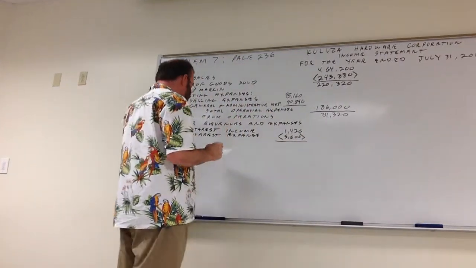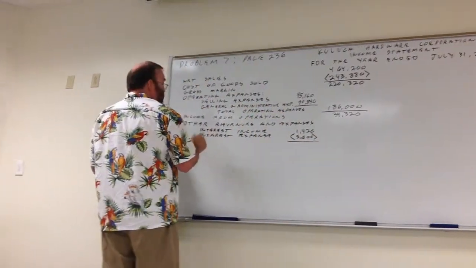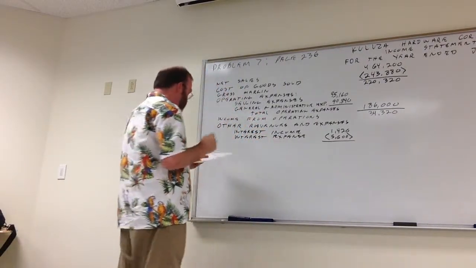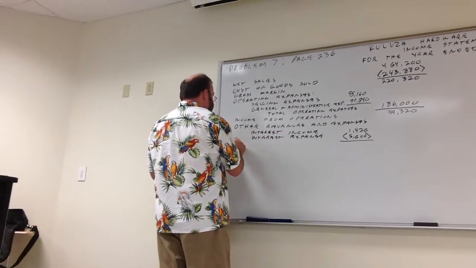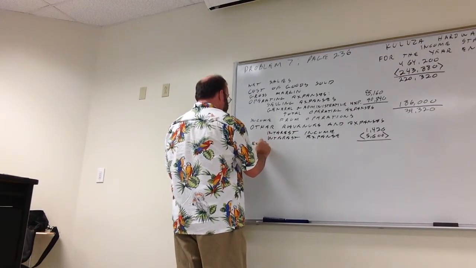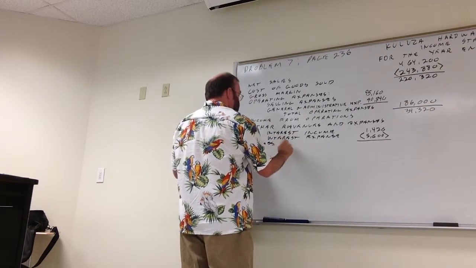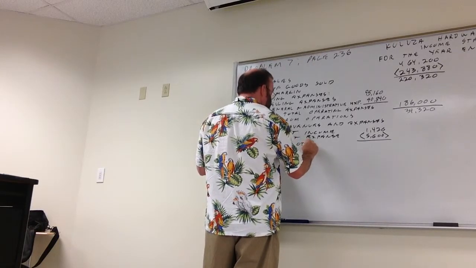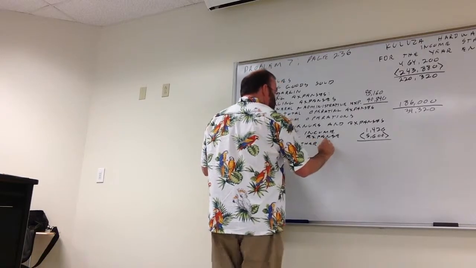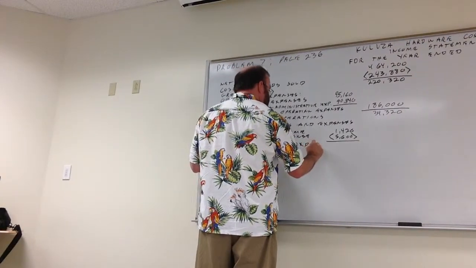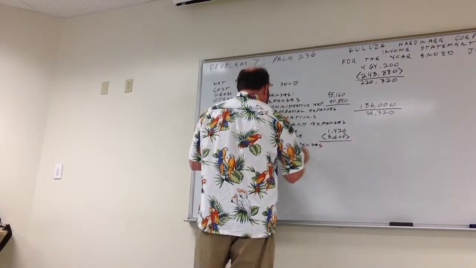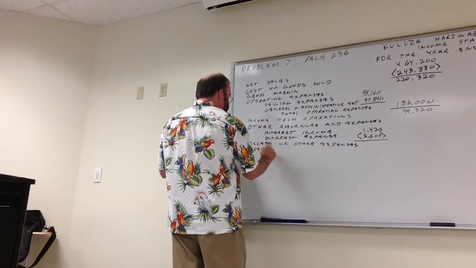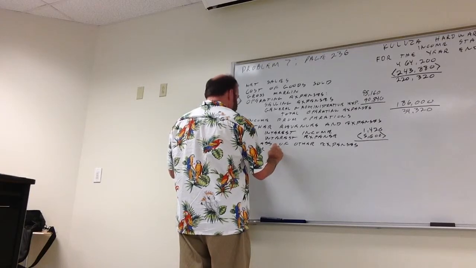Add those two together, and in this case, the expenses exceed the income. So we'll say excess of other expenses over other income, other revenues.